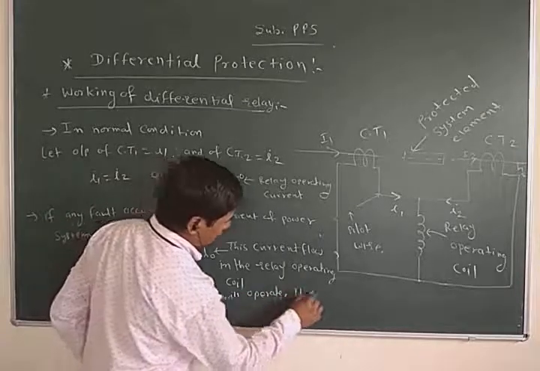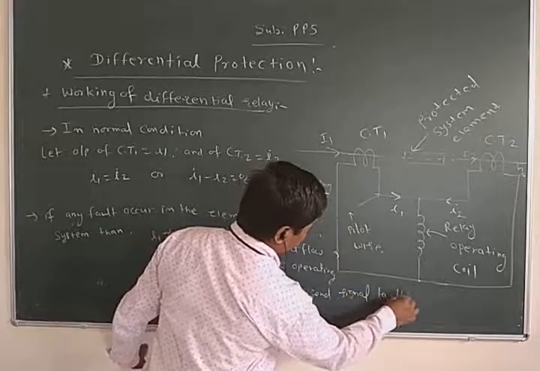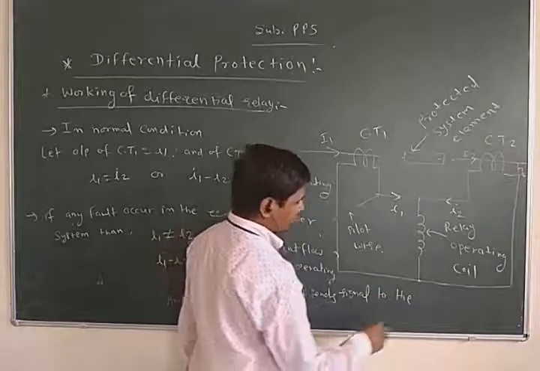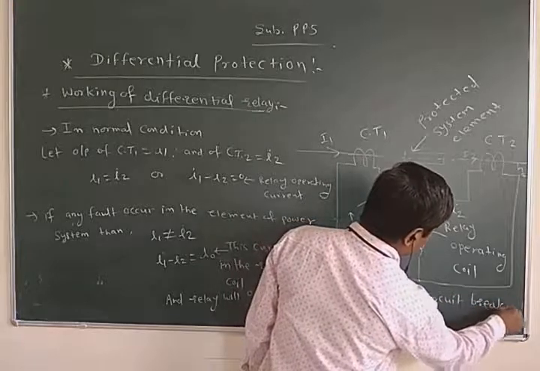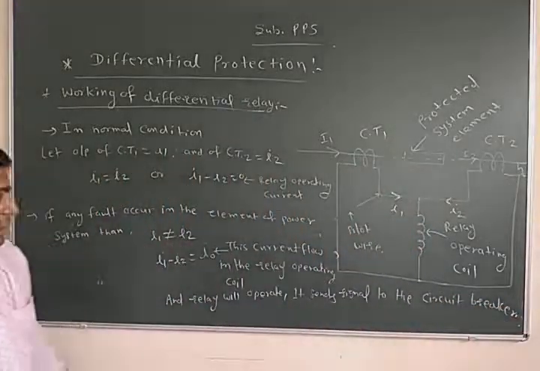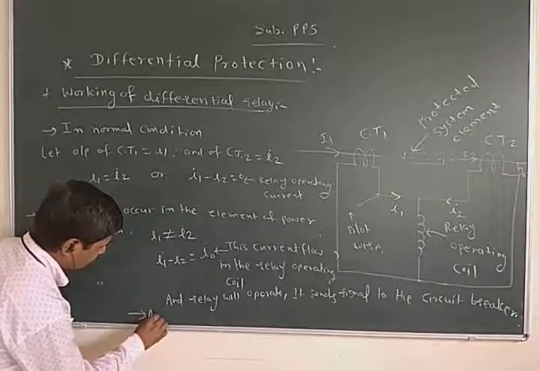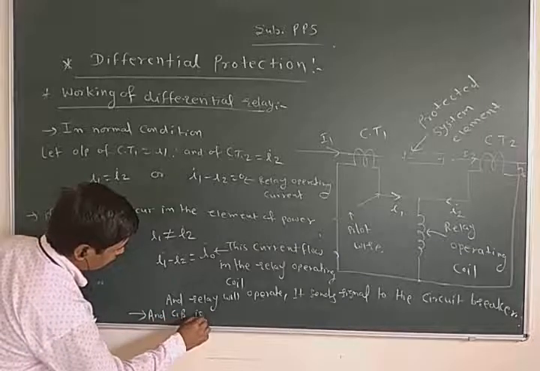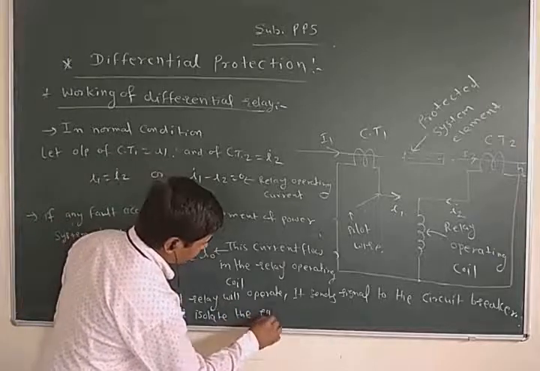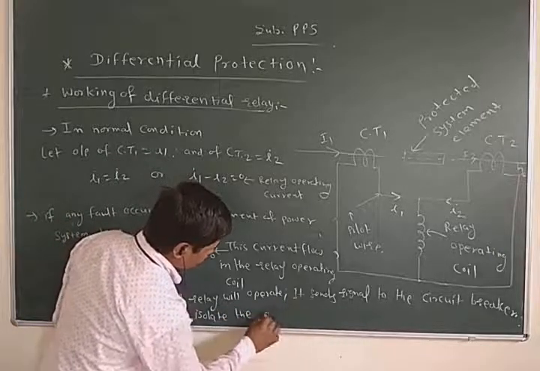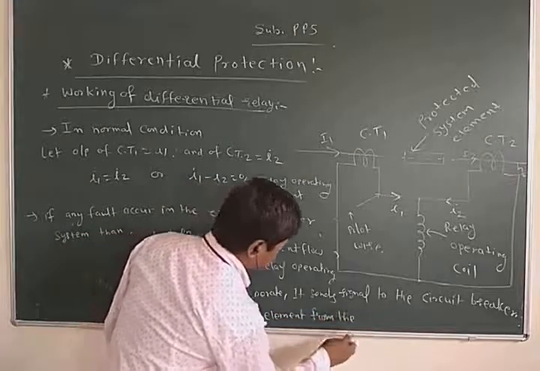It sends a signal to the circuit breaker, and the circuit breaker isolates the faulty part of the system, the equipment or element, from the system.